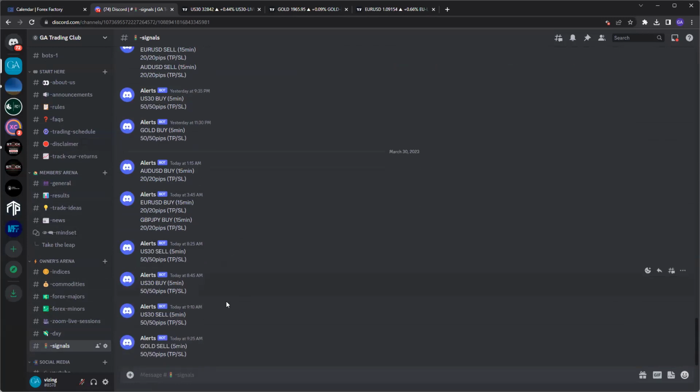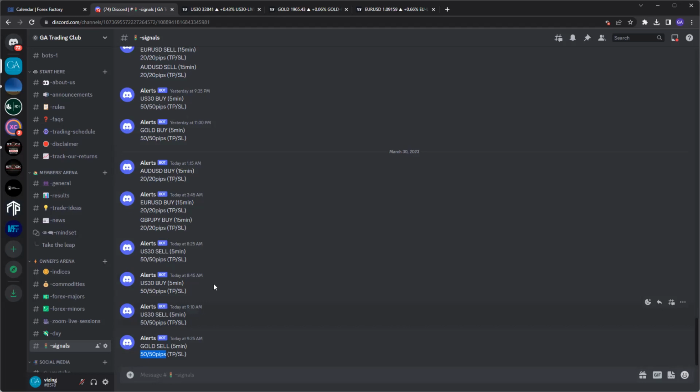So I will code in 15-minute signals for US 30 and gold. But instead of having a 50-50 take profit and stop loss, I'll have 100 pips take profit and 100 pips stop loss, because on a 15-minute candle, the 50 pip stop loss can easily be decimated.